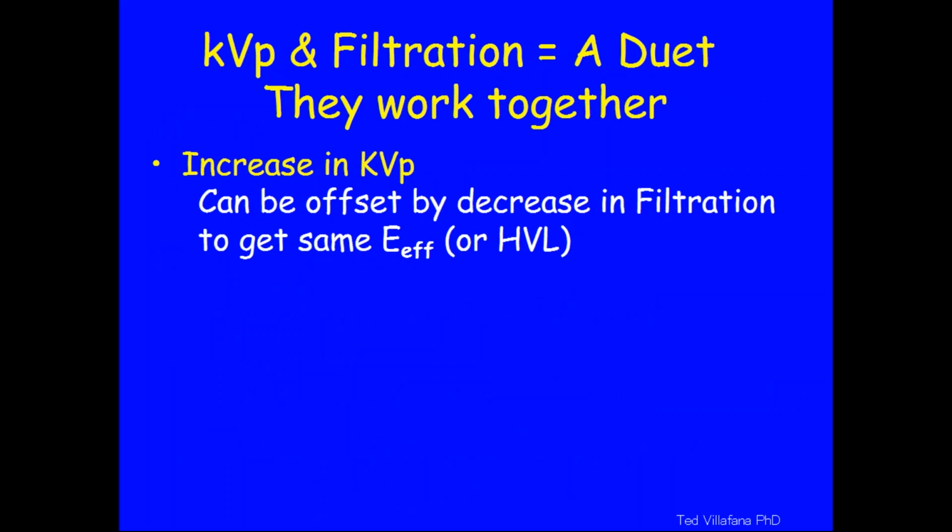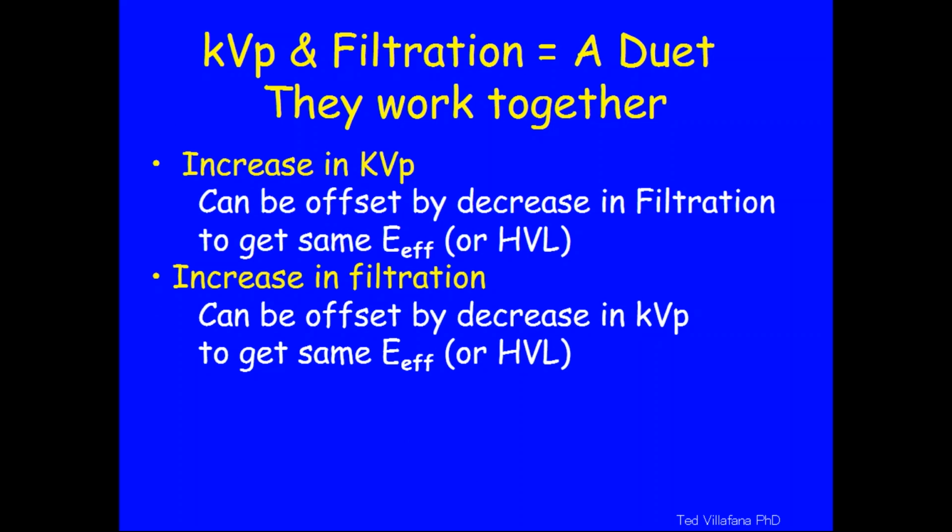An increase in KVP can be offset by a decrease in filtration, as I just mentioned, to get the same penetration, the same average energy, or the same half value layer. Likewise, an increase in filtration can be offset by decreasing the KV. Same idea, but working with the other parameter. What's really important then is always, what's the average energy?